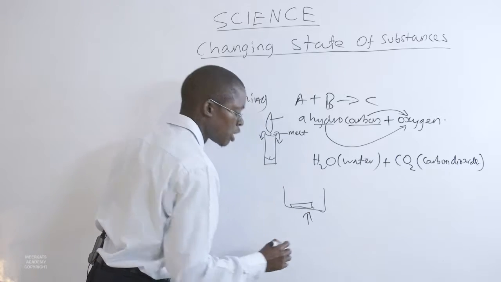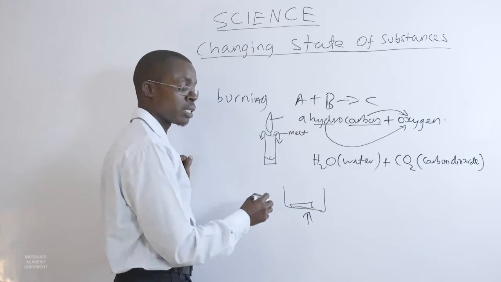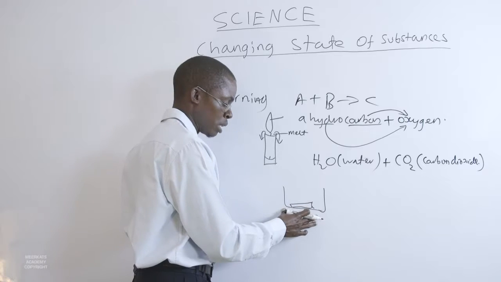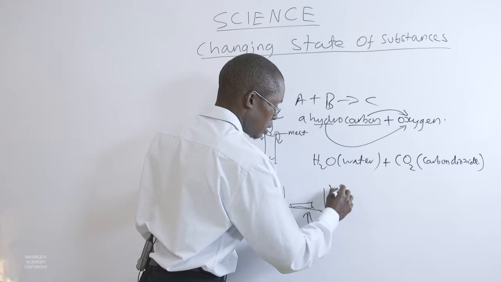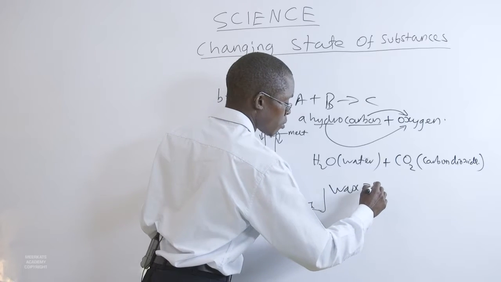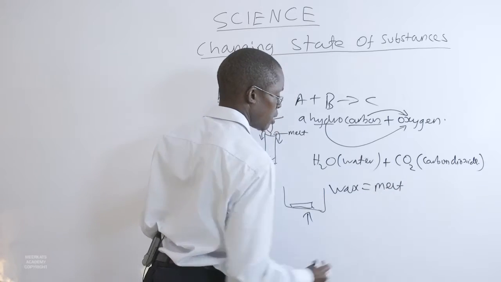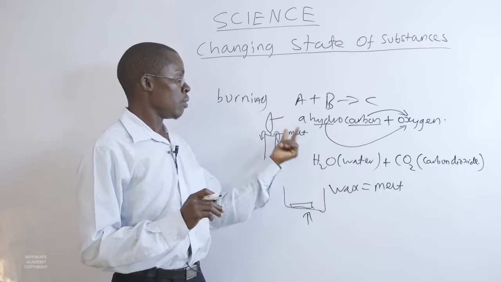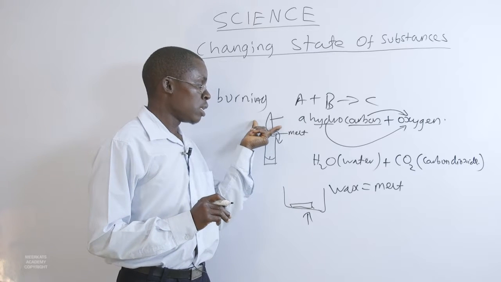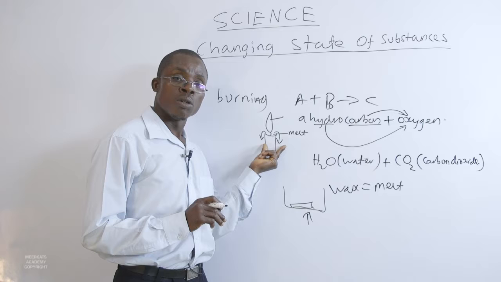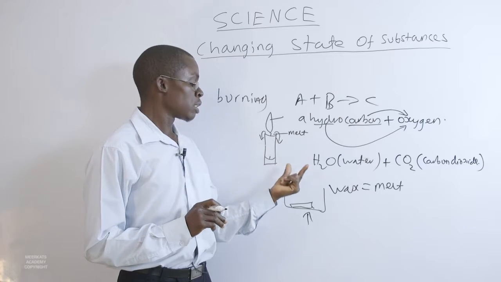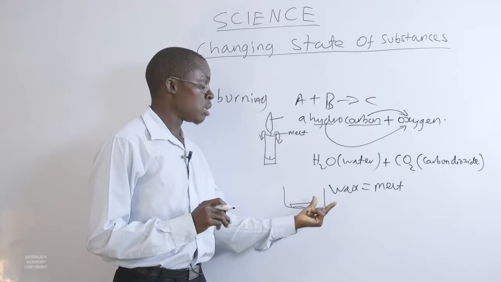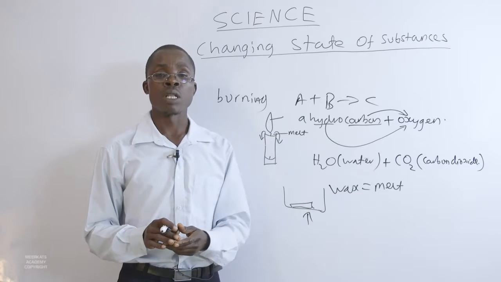Then you heat it strongly until it starts melting. Then at this point, the wax will be equal to the melt. Hope now you get the difference. If it is melting through burning, then the melt will not be equal to the wax. If it is melting through heating, then the melt will be equal to the wax.